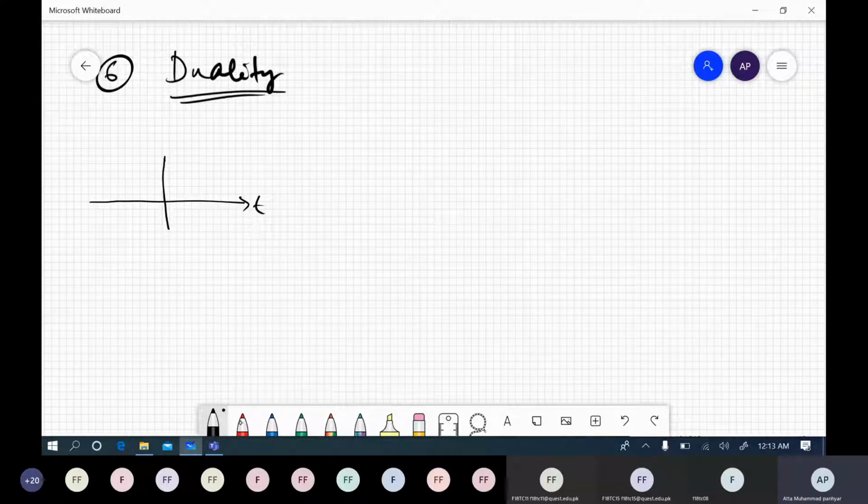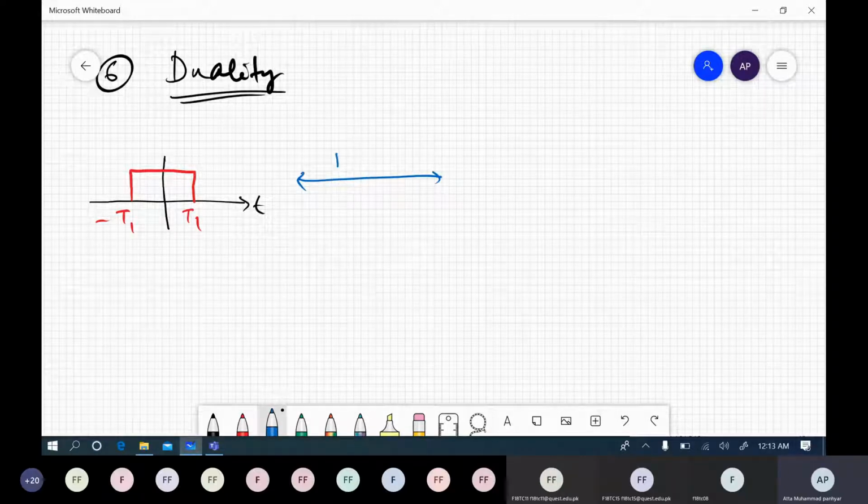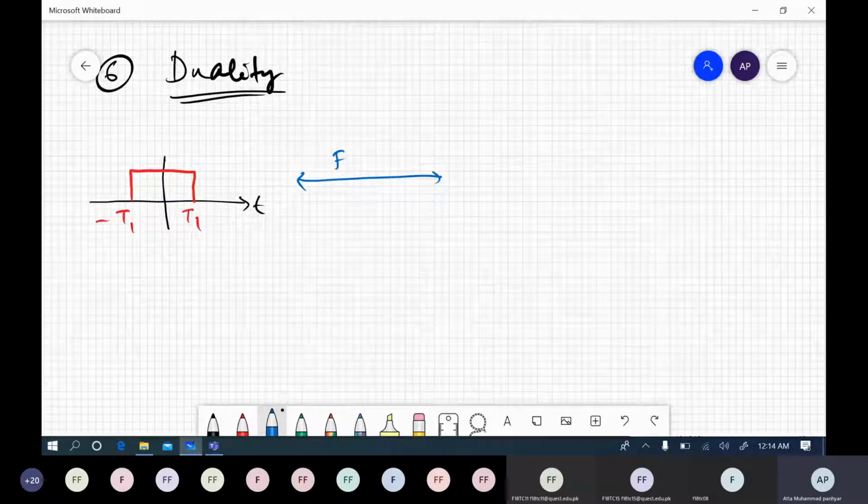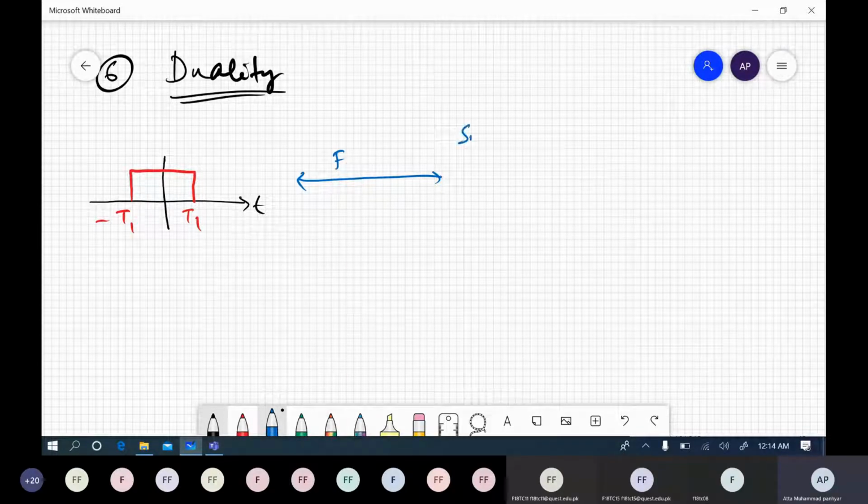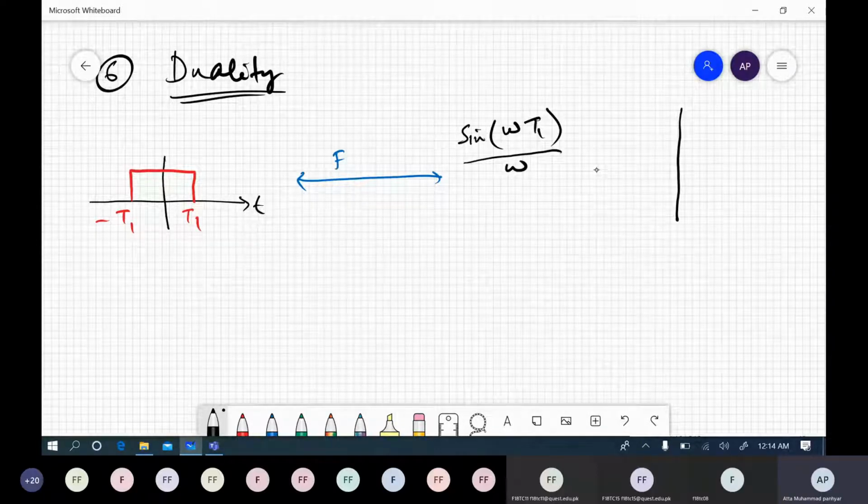For example, in time domain, when we had a rectangular pulse that existed from minus t1 to t1, its Fourier transform was sine omega t1 upon omega, right? And we plotted it when we discussed it in omega axis.